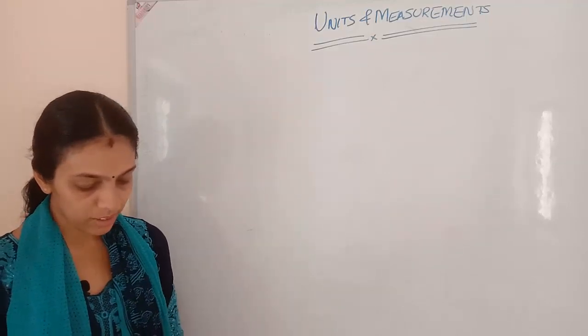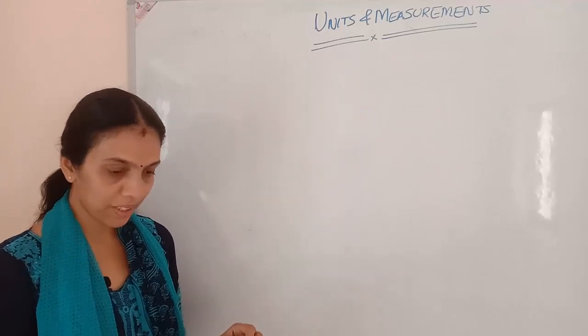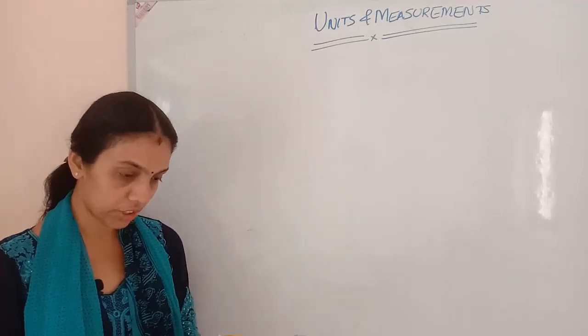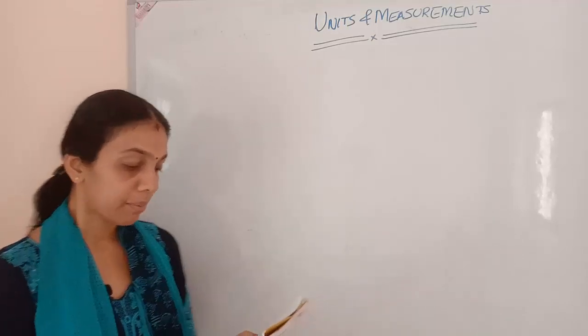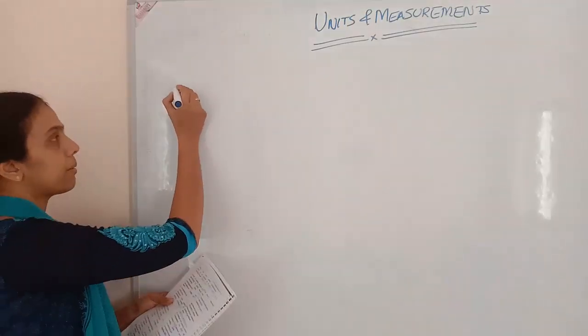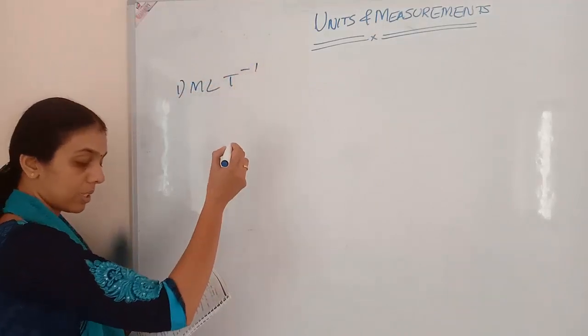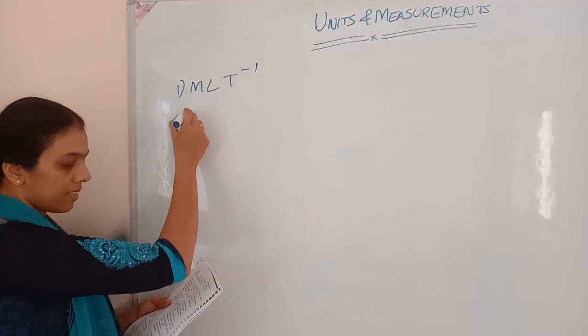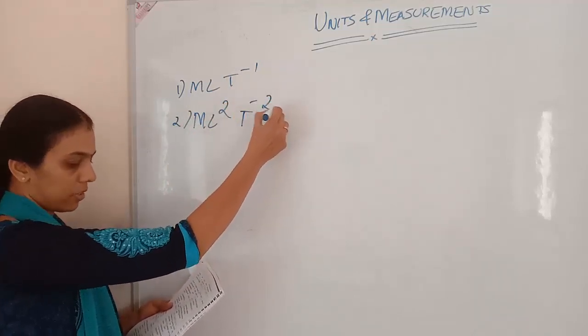Okay. So the next question is, all physical quantities can be expressed in terms of their dimensions. Write a physical quantity for the following dimensions. The first dimension is given as mLt to the power minus 1, and the second one is mL square t to the power minus 2.